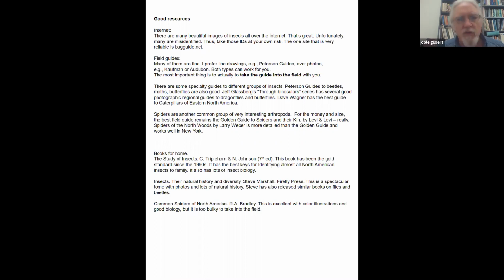Roger Tory Peterson of the Peterson's Guide kind of initiated the field guides with line drawings and especially the field marks. And so here's his field guide to the insects. That's the one that I prefer, but there are some others that are good. You can see here the Audubon Guide, that tends to be photos. The Kaufman Guide is pretty good, that's photos. Both of these kinds of field guides can work for you.